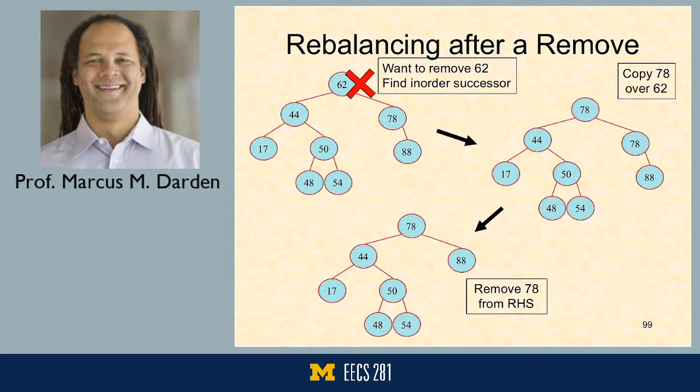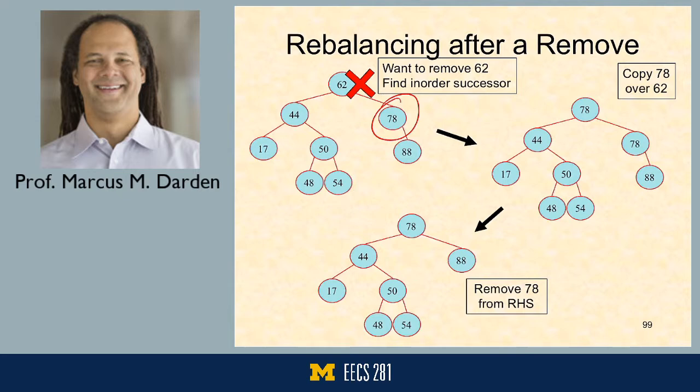Okay, now 62 is the top. What happens if we remove 62? All right? So to remove 62, we have to first find the in-order successor. That means go right once and go left until you can't go left anymore. That is, of course, 78. That's the in-order successor.